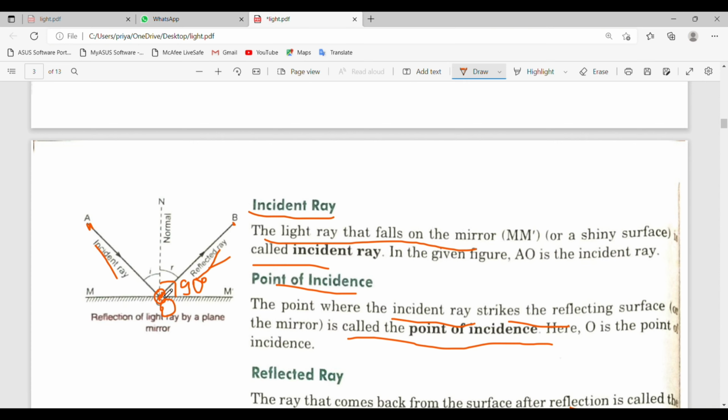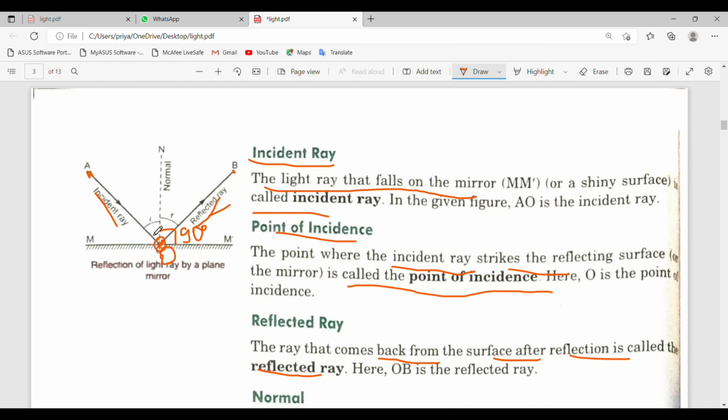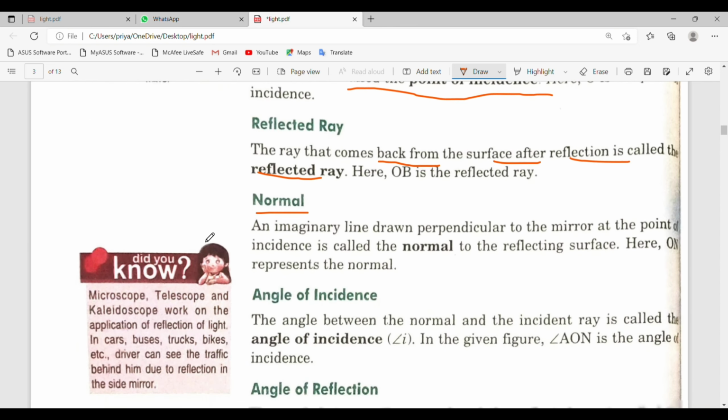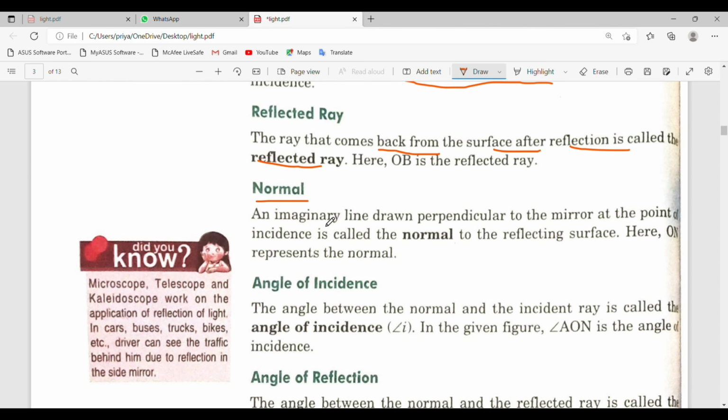It means it is perpendicular to the surface of reflection. It is known as normal. It is an imaginary line drawn perpendicular to the mirror at the point of incidence, called the normal to the reflecting surface.